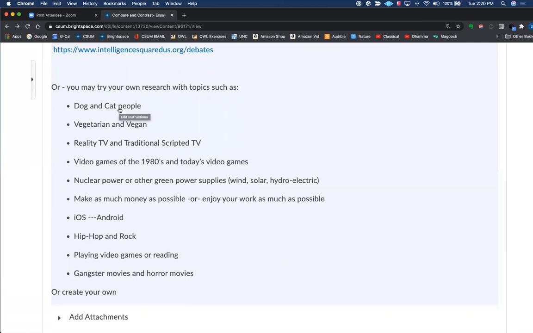But this is the thing, when you choose dog and cat people or vegetarians and vegans, you're running the risk of being really boring or having extremely uninsightful things to say that are totally obvious to everybody. So if you are going to choose one of these kinds of things, please make the analysis very interesting.